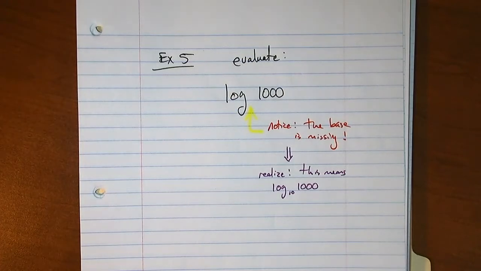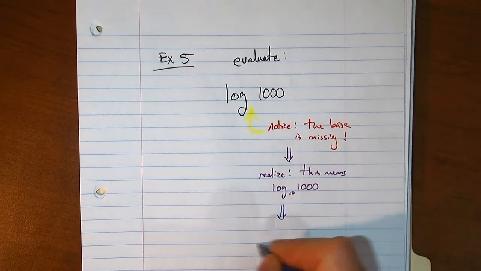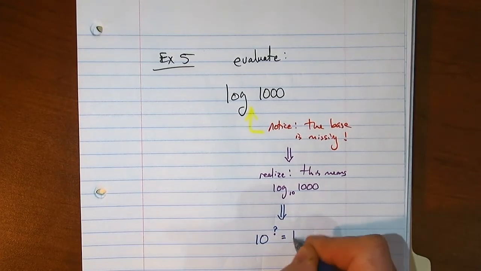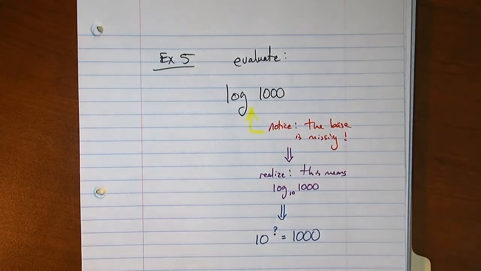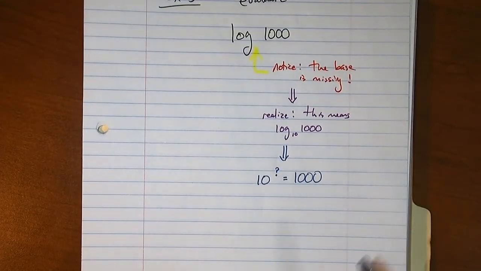And so now that's the question we'll have to ask. We switch it into a question: 10 raised to what power equals 1,000? Now, common logarithms are really some of the easiest problems to work with because when I multiply 10 times 10, all it does is add zeros on.